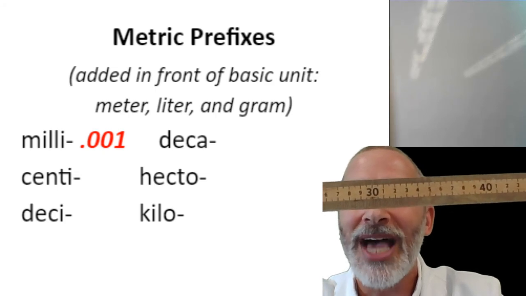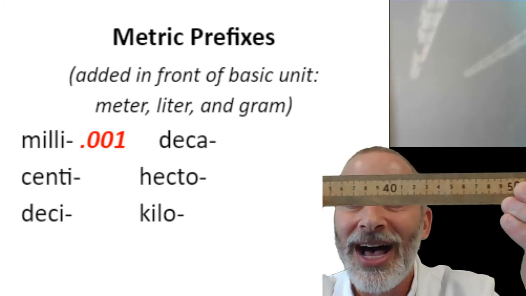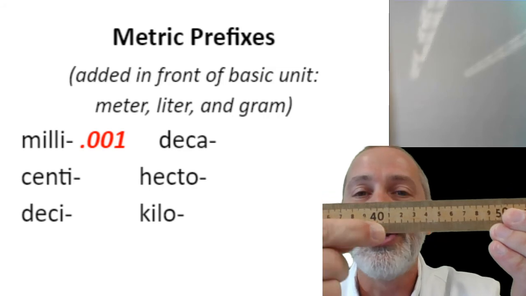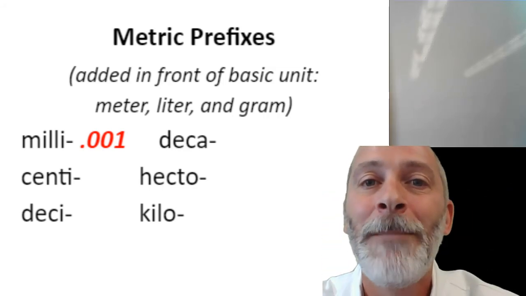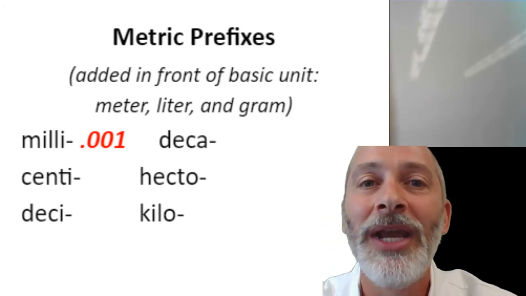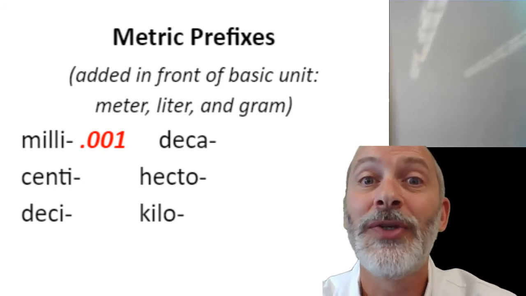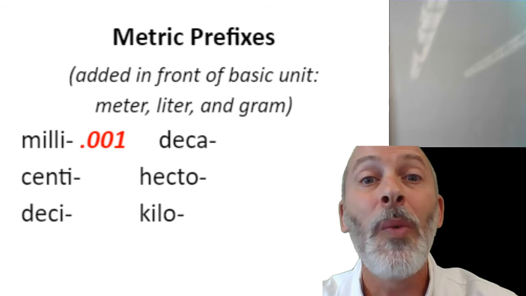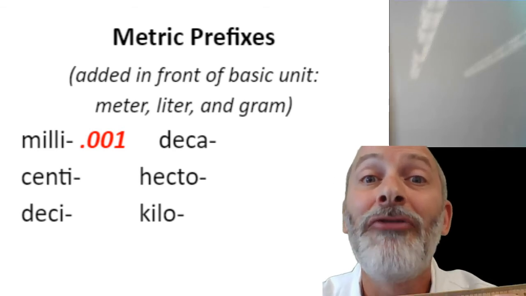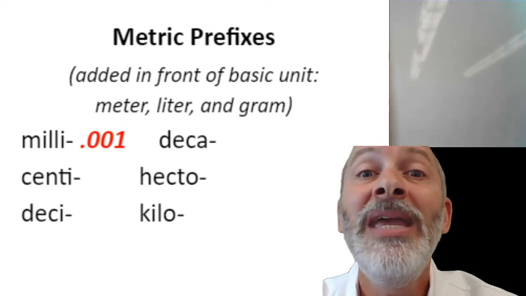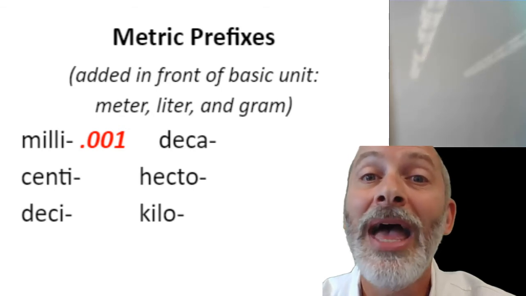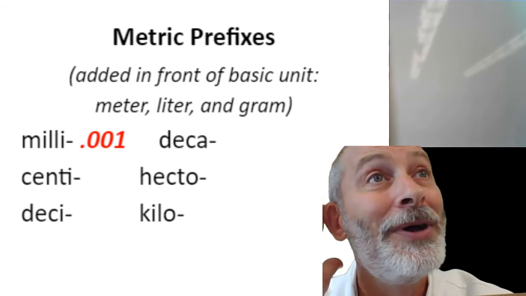What do you think we call that unit? Each of those tiny little lines on this meter stick, which measure 0.001 meters. Think about what the prefix means, 0.001, and put it in front of the word meter. And what do you have? Call it out.